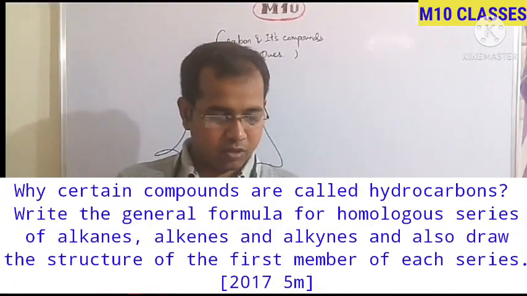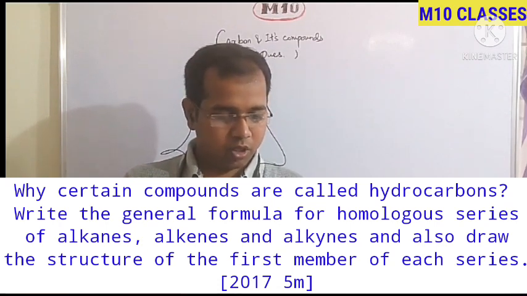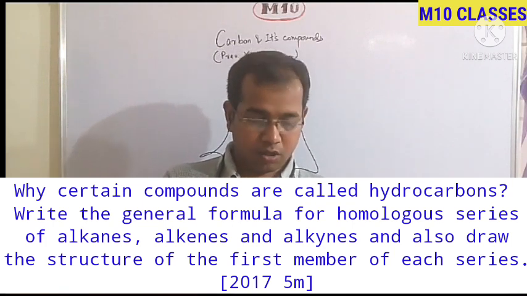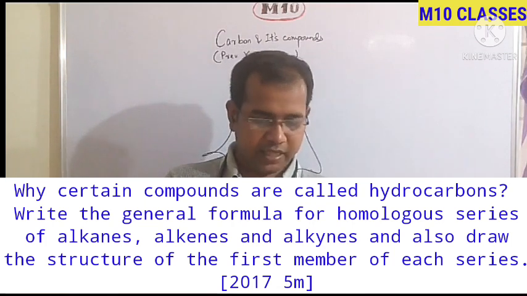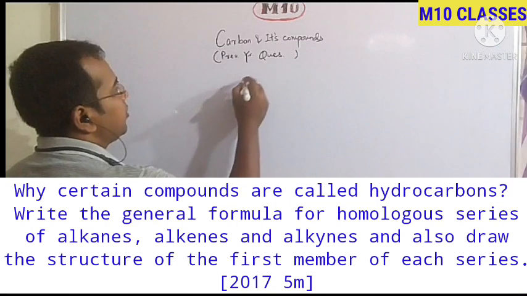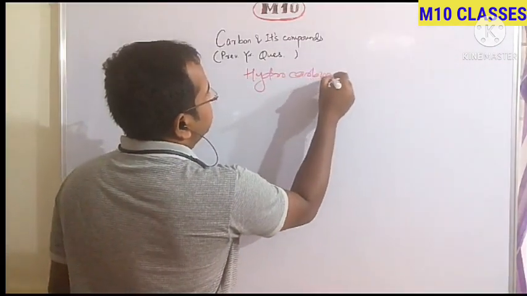Why are certain compounds called hydrocarbons? Write the general formula of the homologous series of the alkanes, alkenes and alkynes. Also, draw the structures of the first member of each series. It was a question in 2017. First of all, what are hydrocarbons?